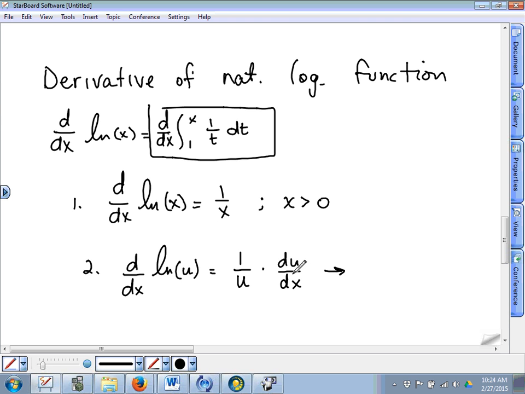Would you be okay if we call du dx u prime? So other textbooks have this notation: u prime over u. U prime is the same as du dx. And this also must be true here that u is greater than 0.